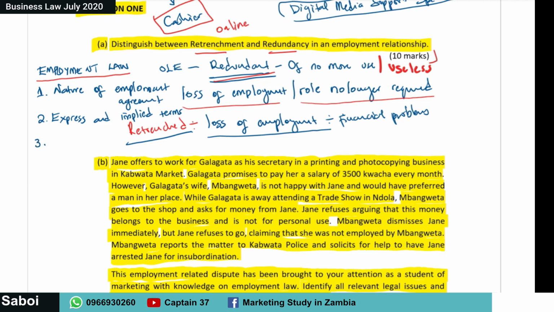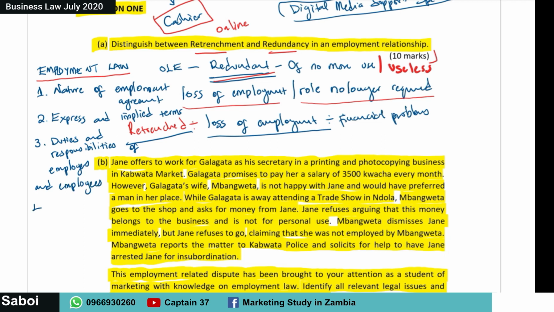Number 3 is going to be on duties and responsibilities. Duties and responsibilities of employers and employees.